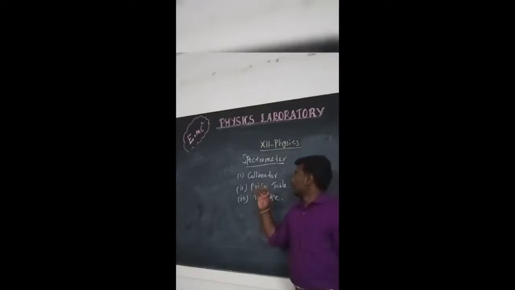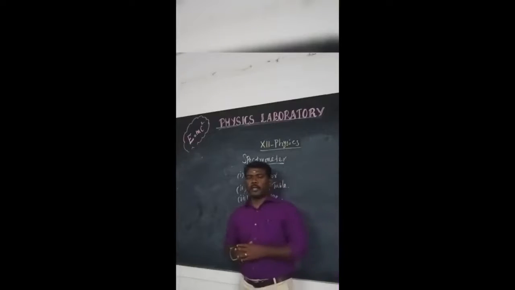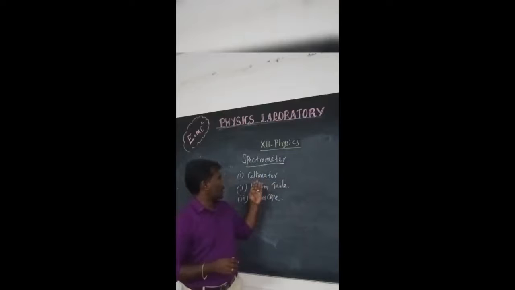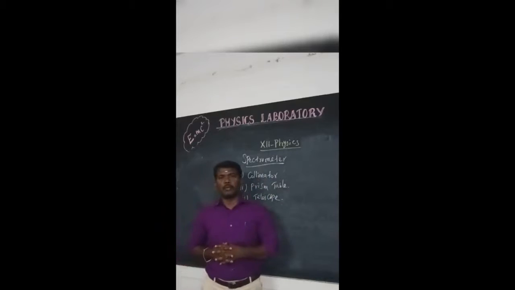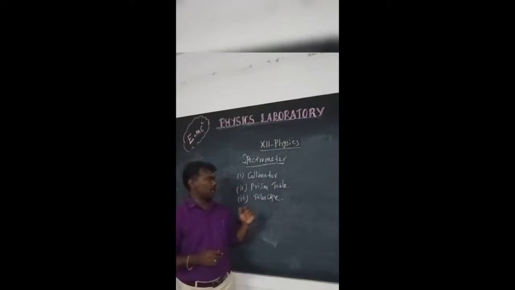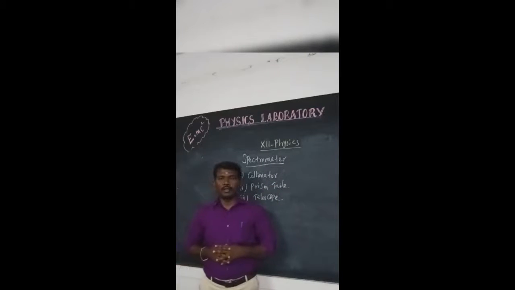Students, in the spectrometer we have three main parts. One is the collimator, another one is the prism table, and the third one is the telescope. So these three are the main parts in the spectrometer.